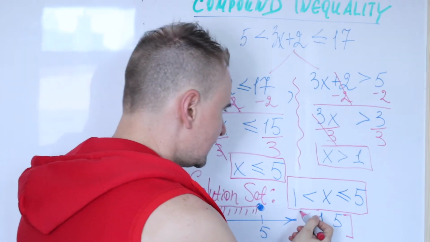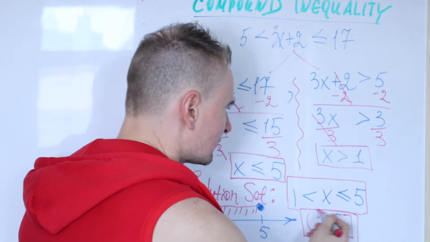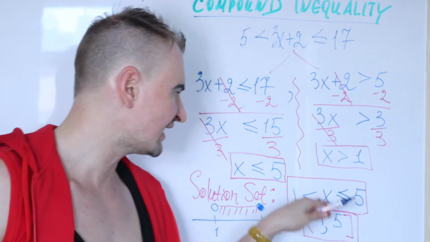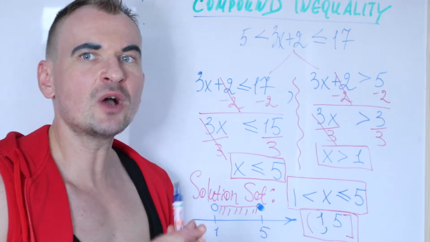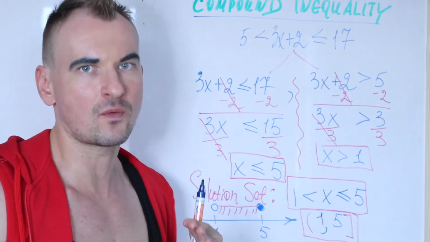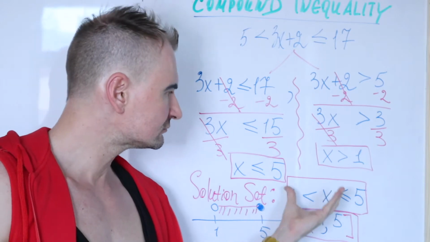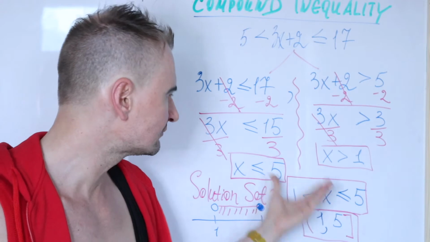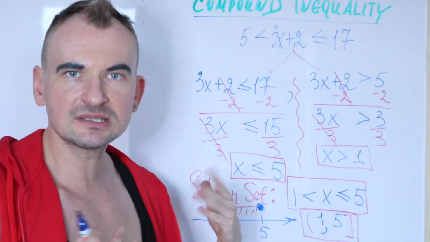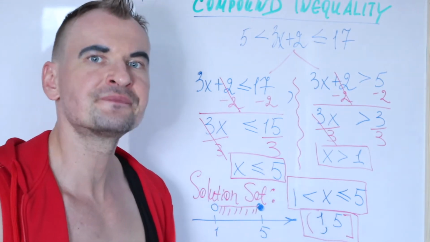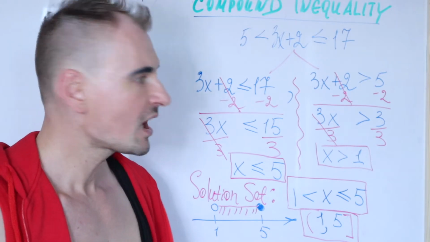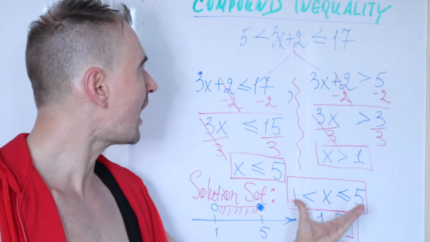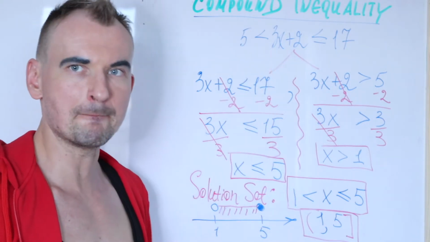So this is just an alternate way of writing the solution set. You don't have to write both of these ways. You could pick either way, or maybe you used to write like this. It's entirely up to you or up to your teacher. Again, this interval is the answer for this compound inequality.